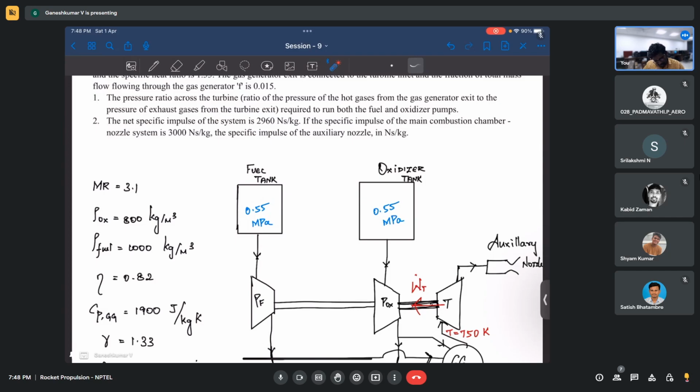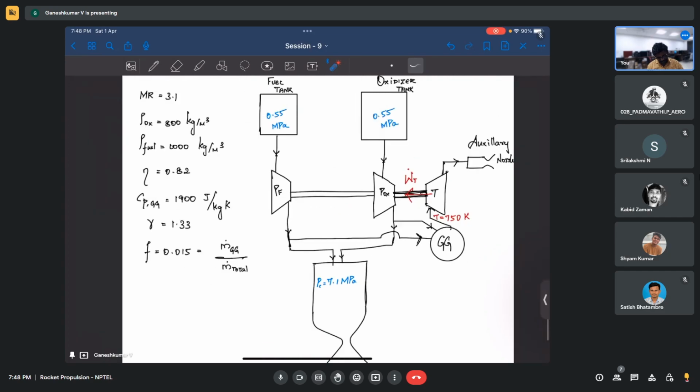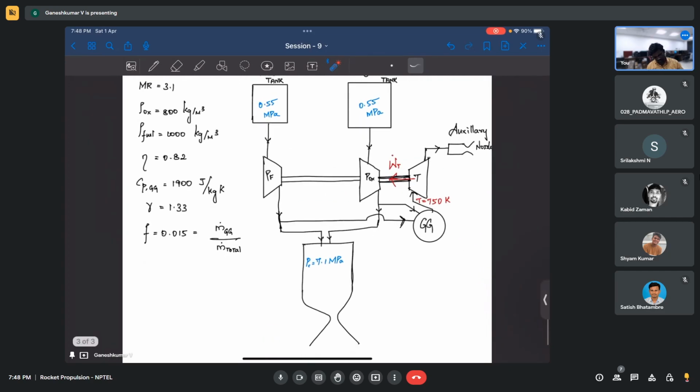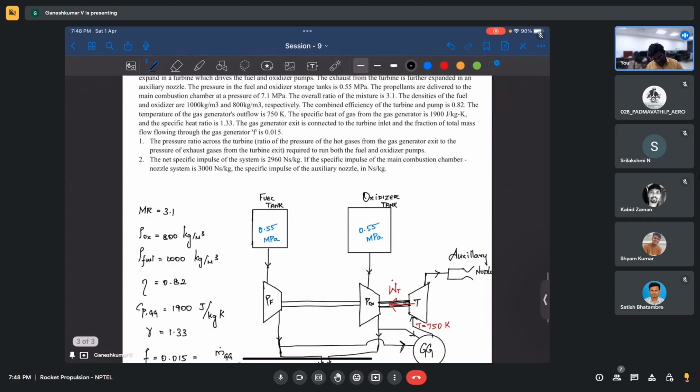That pressure ratio is required to run both the fuel and oxidizer pumps. So you have to expand to that pressure ratio in order to run both pumps. Okay, so you are asked to find what that pressure ratio is. So how do we do it? Given data, we need to find. We'll come to the second question later.